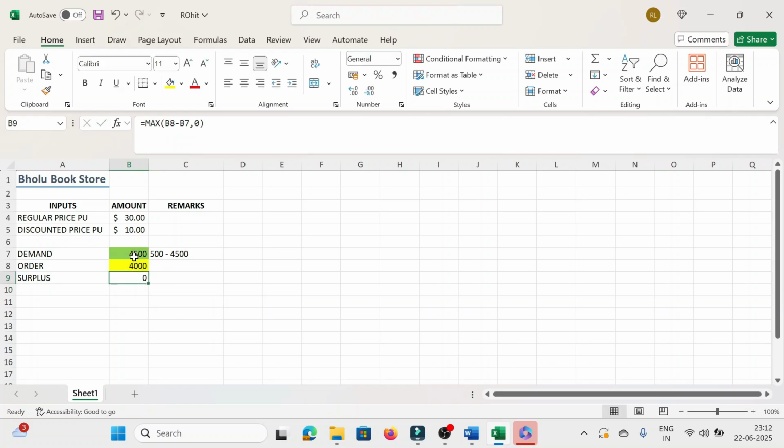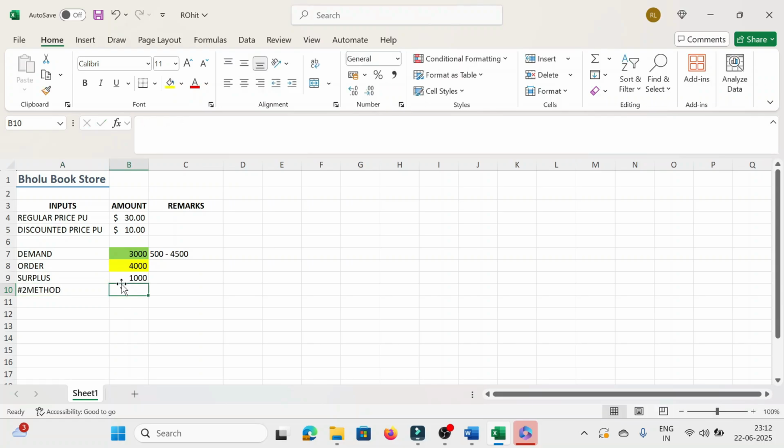You can see it gives me 0. If the demand exceeds the order, it would definitely give 0. But if the demand is only 3000 and we have ordered 4000 copies, you will get the correct picture.